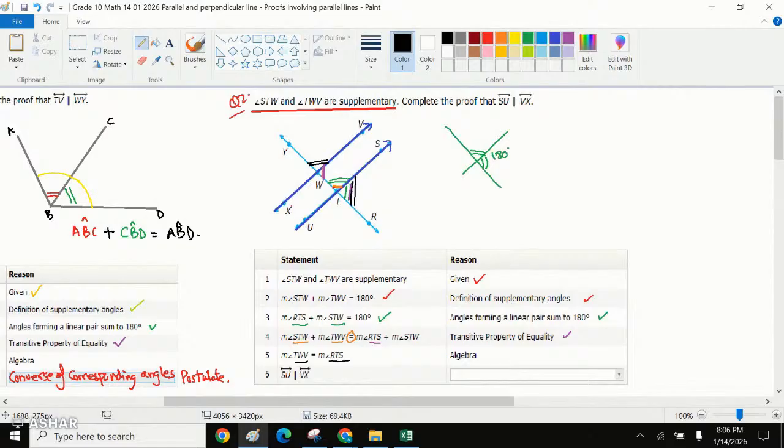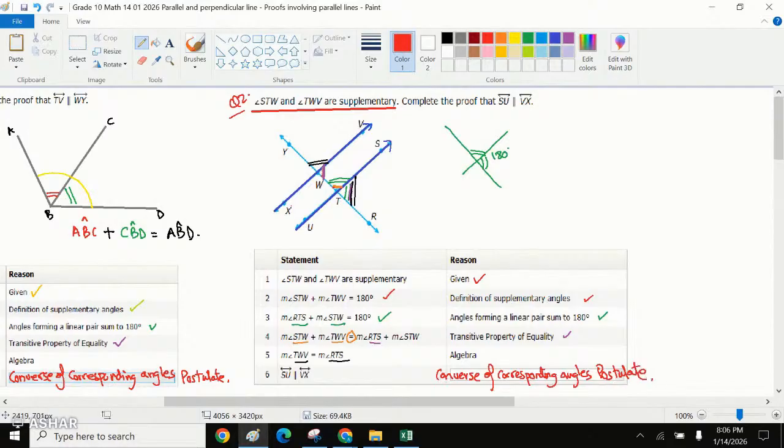We will use the same statement and say that these two angles are converse of corresponding angles postulate.